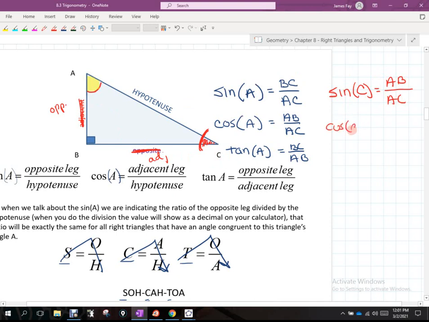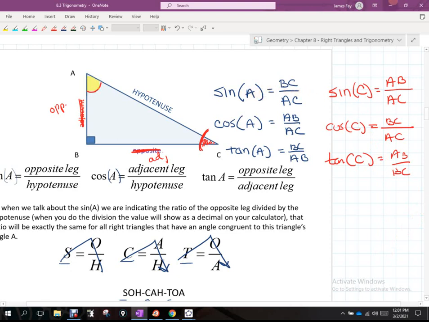The cosine of C would be BC over AC. And then the tangent of C would be AB over BC.